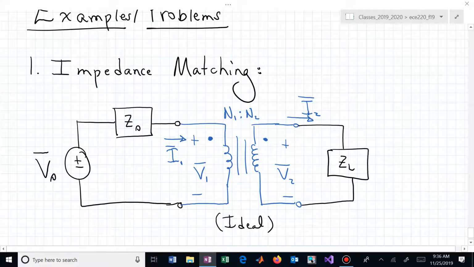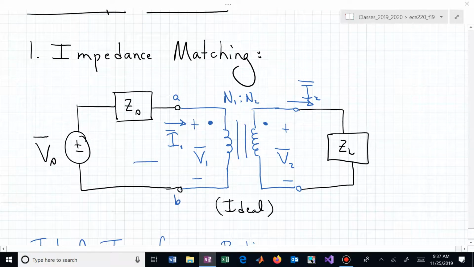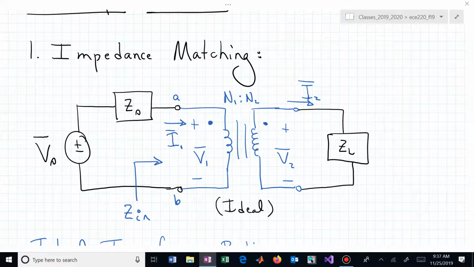We have a Thevenin source, V sub S, with its impedance, Z sub S, and we now want to know, what is the impedance seen looking into nodes A and B in this circuit?